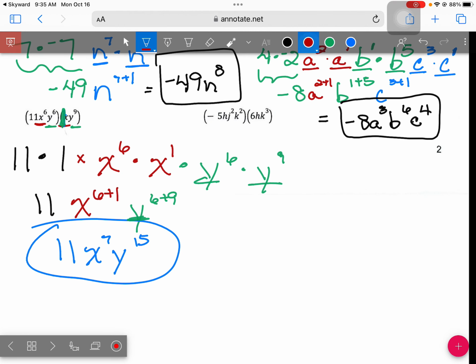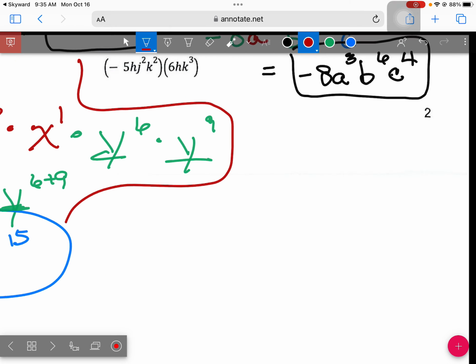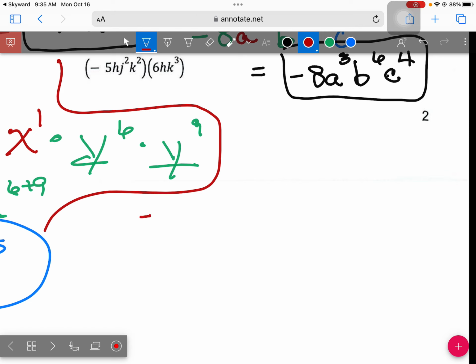So we have -5. I'm going to do this down just a little. So -5 times 6. Those are my coefficients, numbers out front. Then I've got an h, no exponent, so put a 1 on it. Times this h.